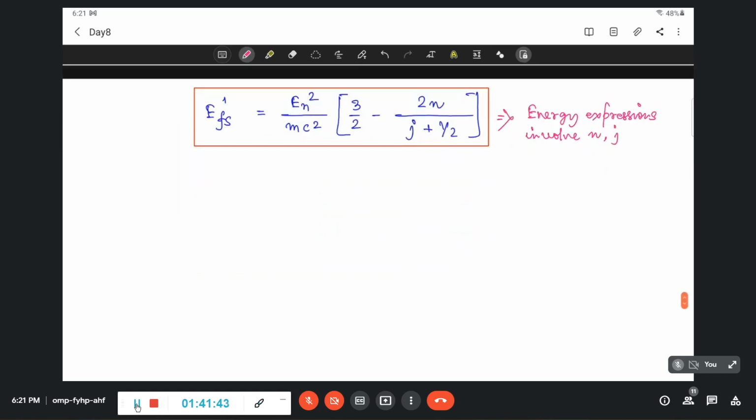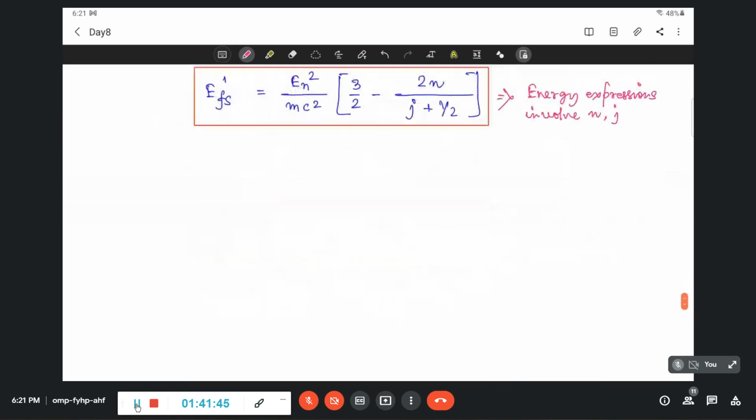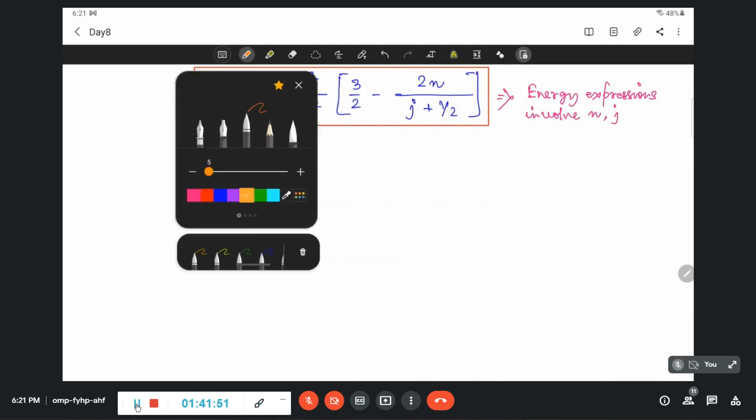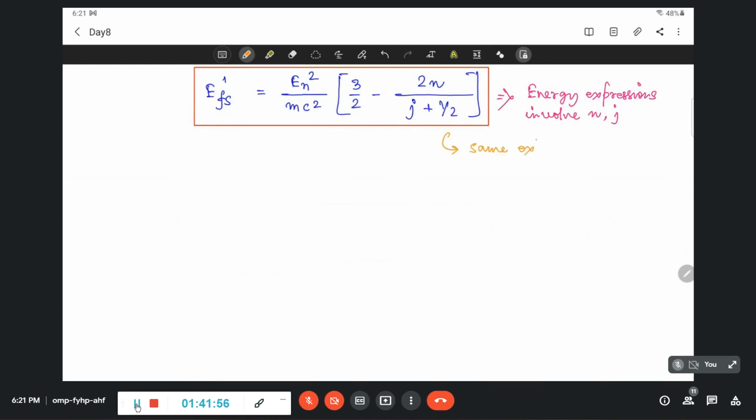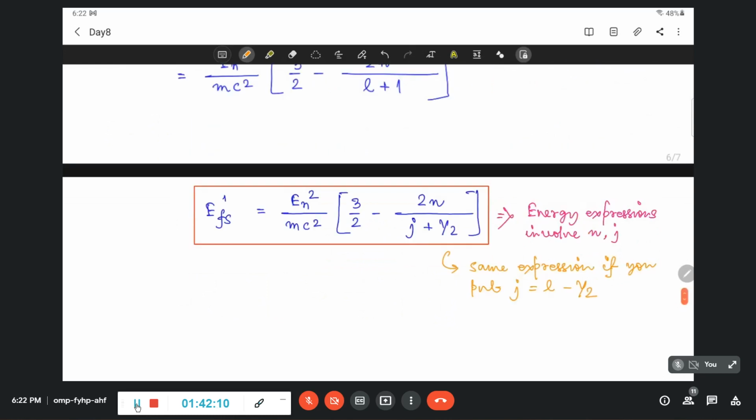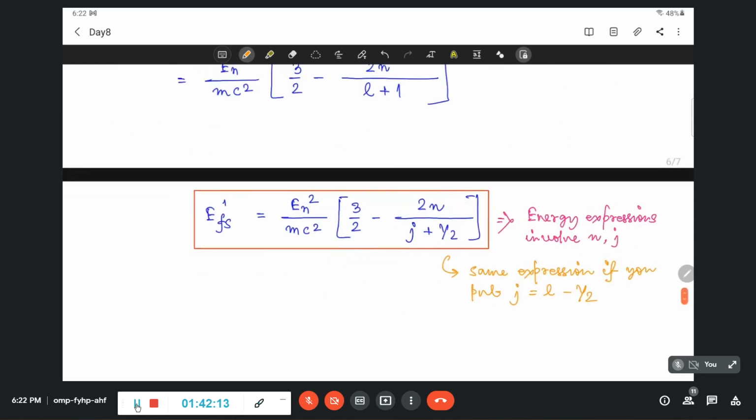And miraculously, if you do this for the L minus half case, these are just comments I am writing over here. You can find the same expression if you put J equals L minus half. You find all those things in terms of L, and then you substitute L with J. In this case you will have L equals J plus half.